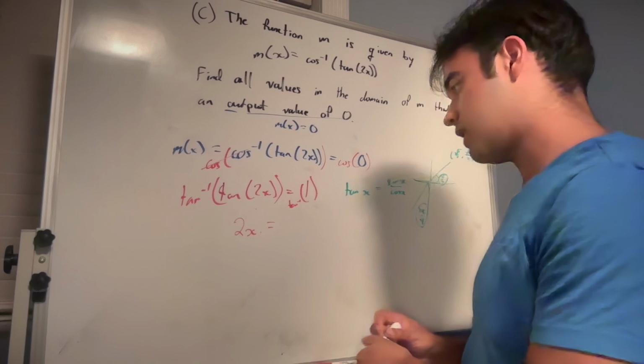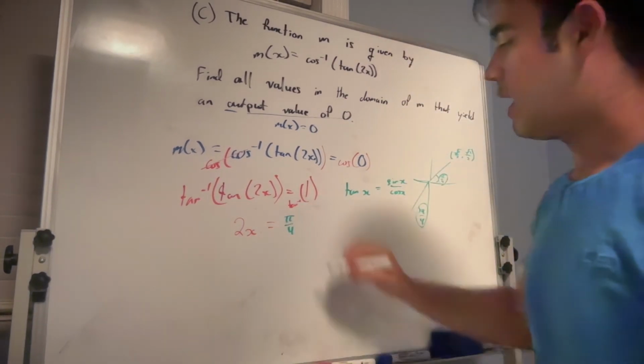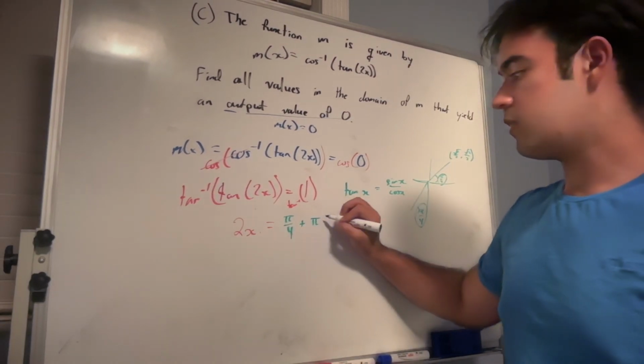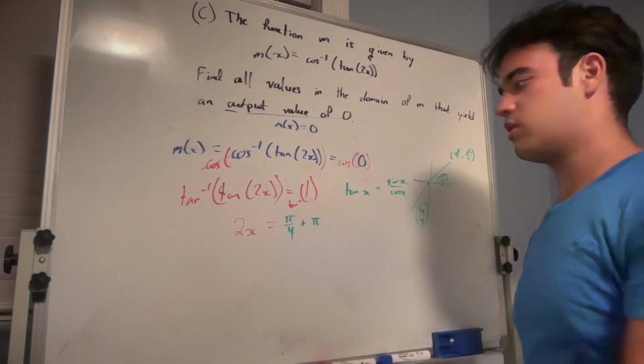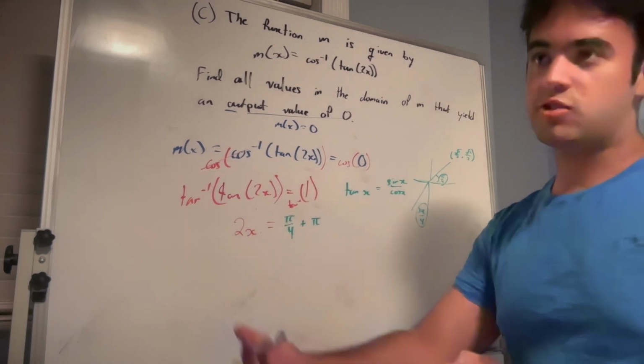So how you would write that here is, we know it's at pi over 4, and then we know that every time we add pi, we're also going to get that same value for tangent. And this can go an infinite number of times as long as you're adding pi.